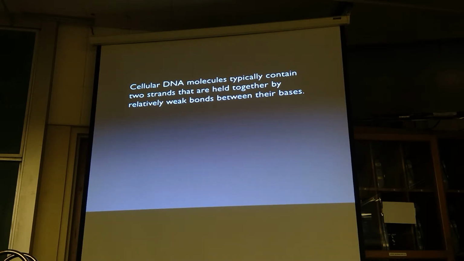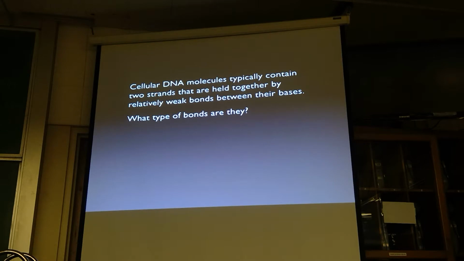The reason I'm making a point of that is because some viruses can be single-stranded DNA. So cellular DNA is typically 2 strands. Viral DNA can be 2 or 1, doesn't matter. And apparently there's some evidence that some cellular strands of DNA have more than 2. So typically we're talking about the most common form of DNA, 2 strands.